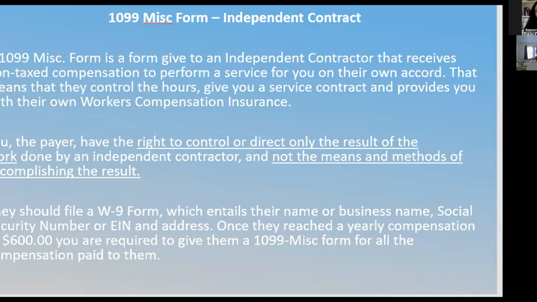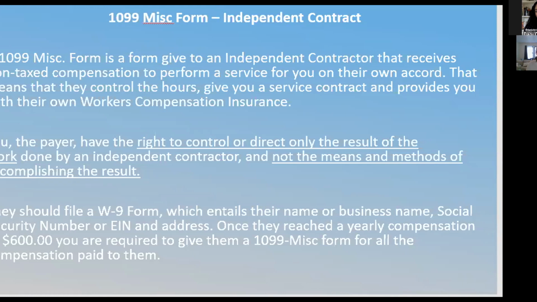And another very important thing that an independent contractor should have is workers' comp insurance for you. And they need to name you in their policy. Why? Workers' comp, which I'm going to go through later, is so that if someone gets hurt on the job, they have insurance to cover them.